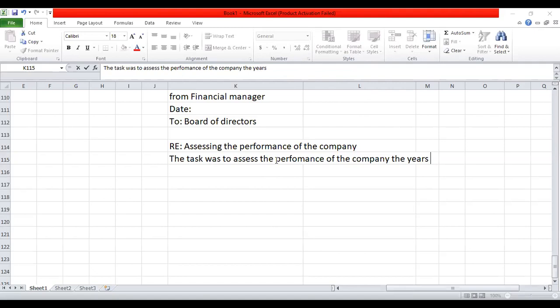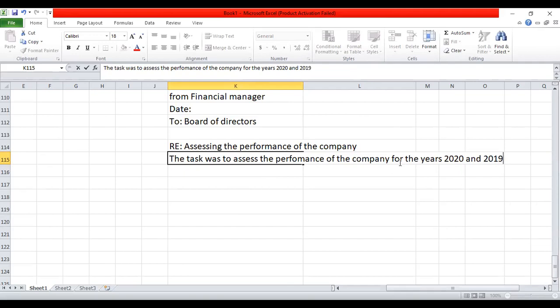The task was the performance of the company for the years 2020 and 2019.